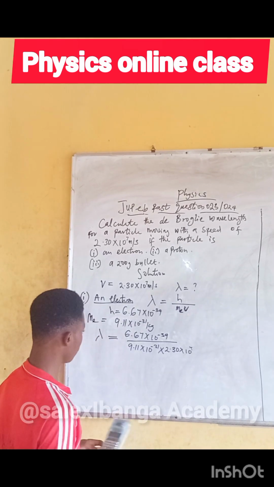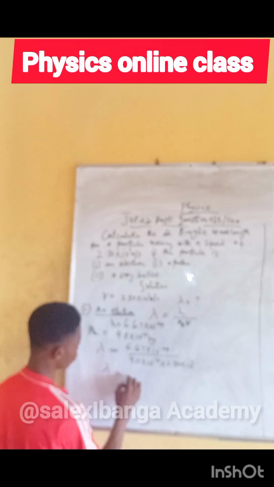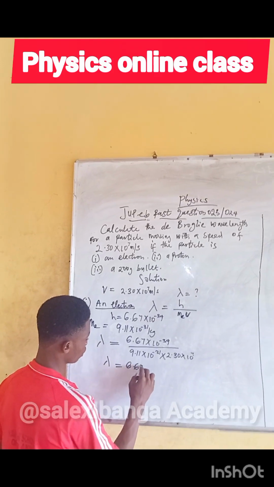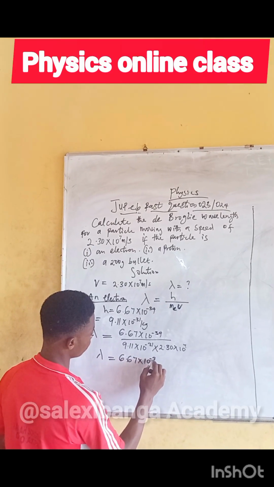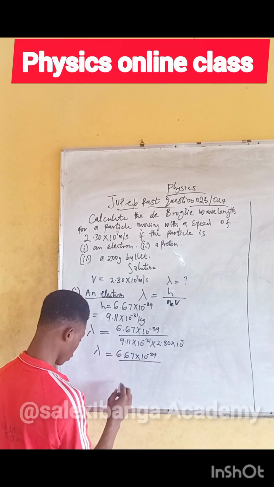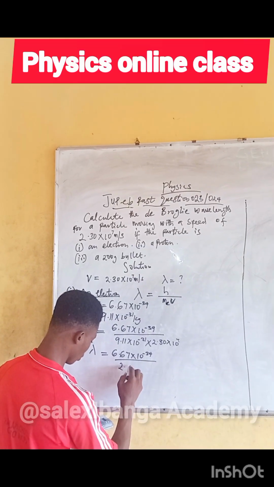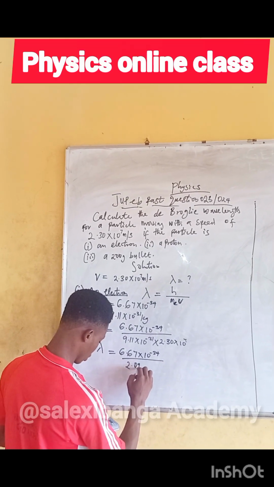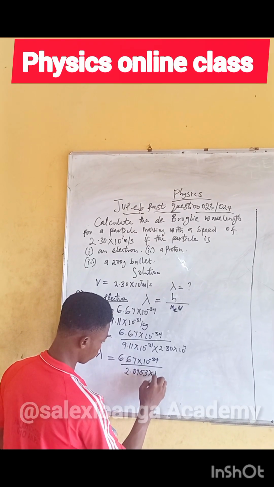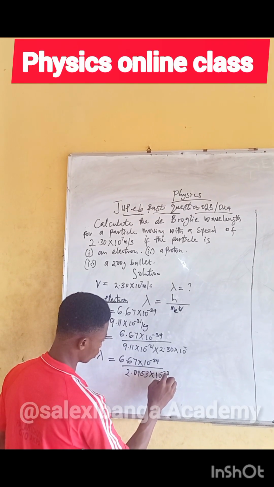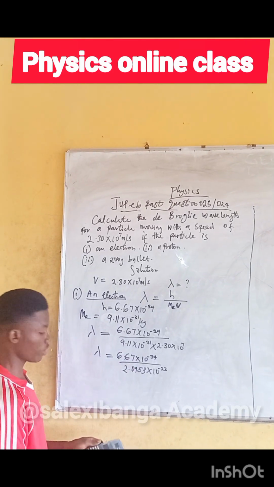So my people, I'm having the denominator given me as 2.0953 times 10 raised to the power minus 23. So lambda equals 6.67 times 10 raised to the power minus 34 divided by 2.0953 times 10 raised to the power minus 23. I'll quickly divide this to get my final solution.